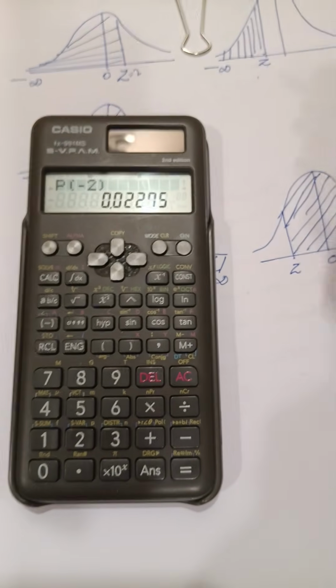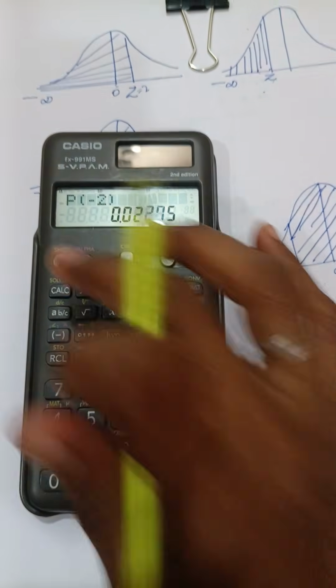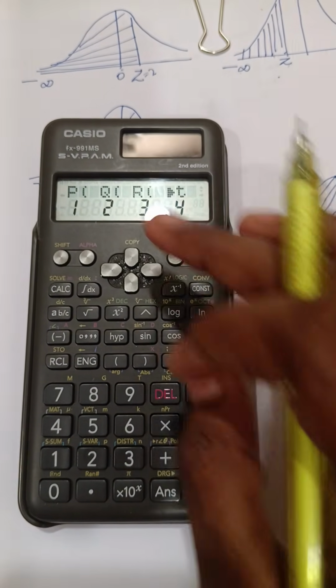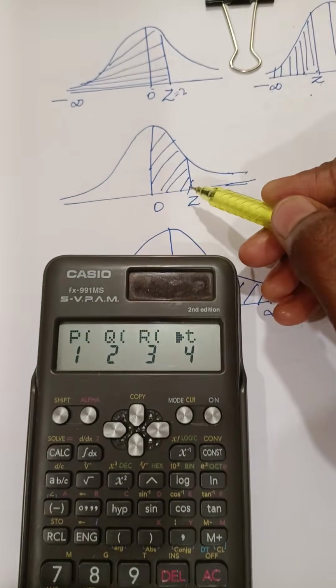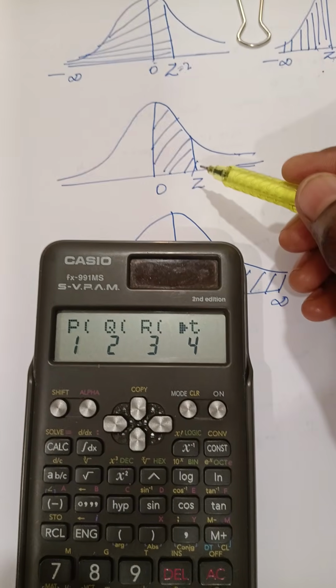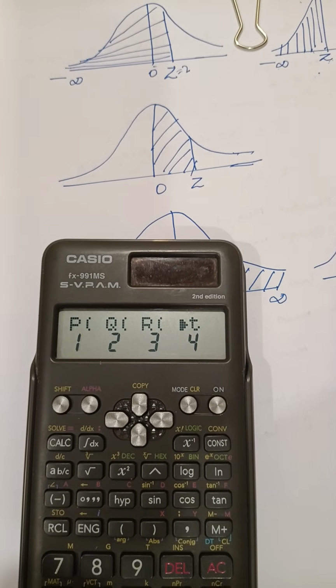Now I am again pressing shift number 3, and if you want to find the probability from 0 to Z, this probability is in the standard normal table.